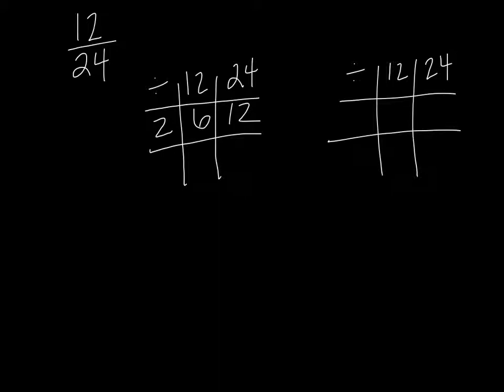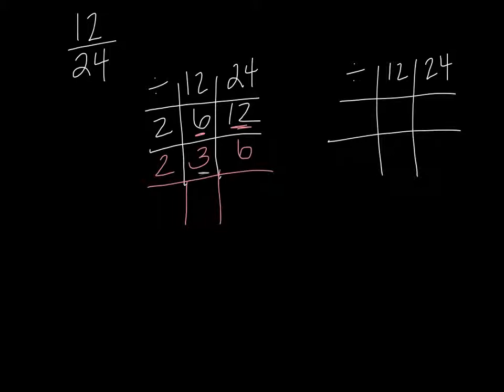So now I'm looking at 6 and 12. And once again, I'm going to think of a number that can evenly divide 6 that will also evenly divide 12. Because they are both even numbers again, I can use 2. I could have also used 3. Both ways would have worked. 6 divided by 2 is 3. 12 divided by 2 is 6.